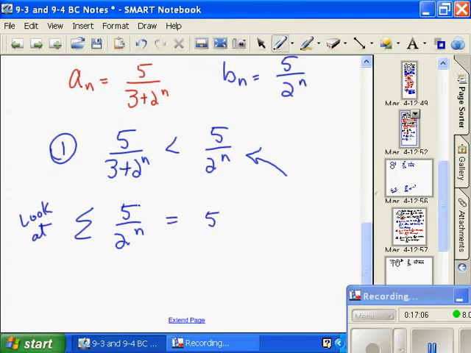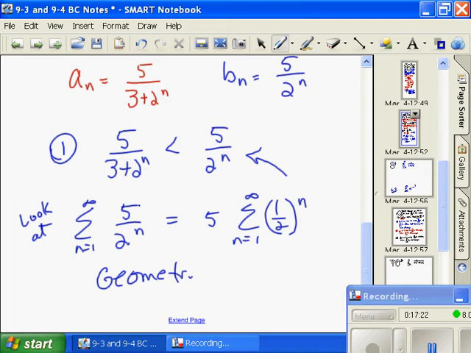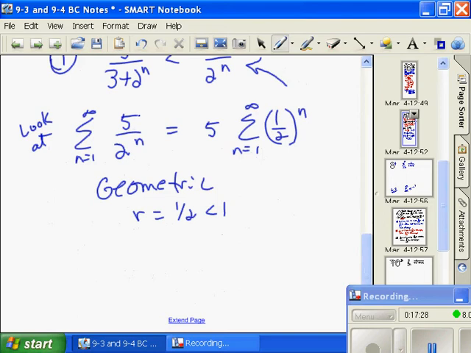Sometimes I rewrite it like this, 5 times the summation of 1/2 to the nth, with n going from 1 to infinity. So we know it's geometric. We have r equal to 1/2, which is less than 1, so we know it converges.